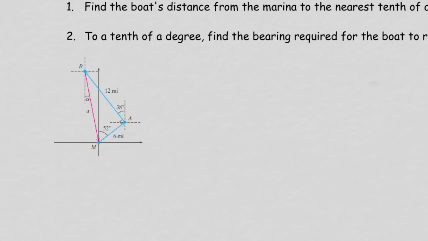So how do we find that? Well, let's see if I can draw this triangle on the side, so we don't touch all those measurements. It will look like that. That's 90 degrees, and this is going to be 12 miles, and this is 6.